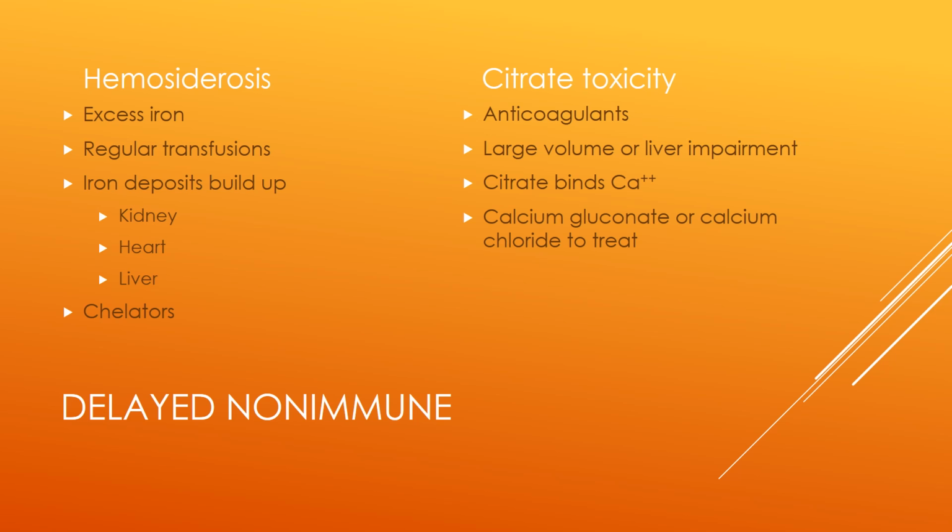There's a few other delayed non-immune things that can occur. So these are non-immune, so they're not things we predict with our testing. But they are secondary to receiving usually more than one transfusion. And one of them is hemosiderosis. It's basically excess iron, right?